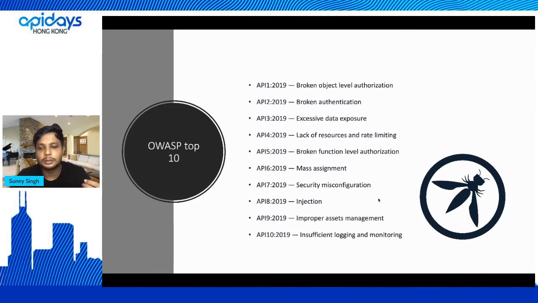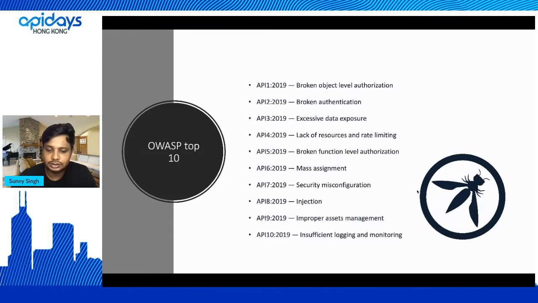Let's say, for example, one of the applications is kept in debug mode, right? What if an attacker finds an endpoint and starts looking into each and every error that is generated by the application? Such security misconfiguration should be avoided. It should be well configured on each and every endpoint, right?